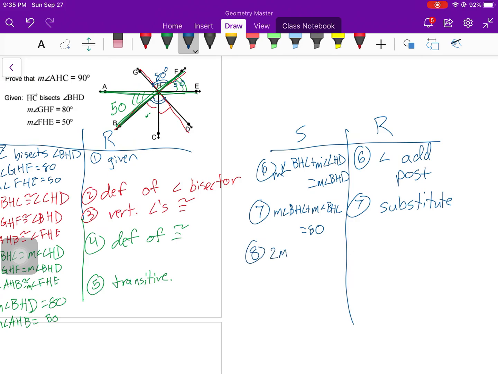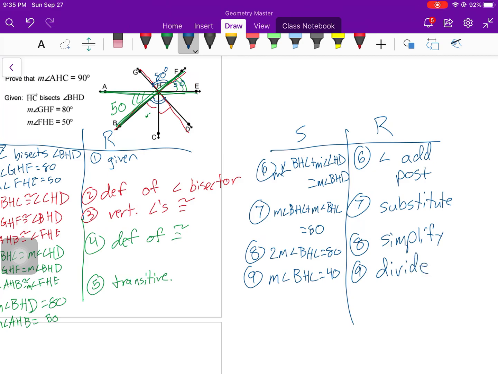Now if I simplify, I've got 2 times the measurement of angle BHC equals 80. So that tells me that the measurement of angle BHC equals 40 by division.